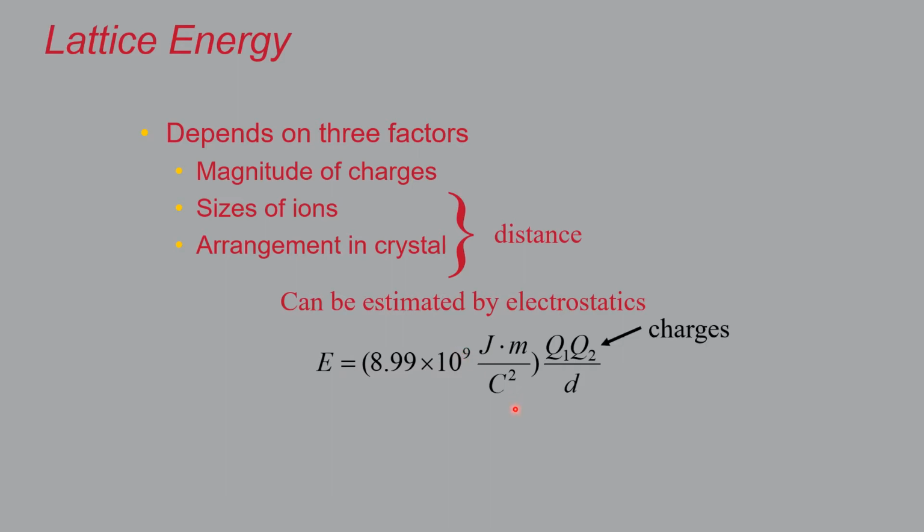So strong attraction means big charges close together. We know from X-ray studies that the magnesium fluoride distance in MgF2 is about 2 angstroms. Remember, this is about 2 times 10 to the negative 10th meters. And you plug in those numbers and you get an energy of negative 1392 kilojoules per mole.